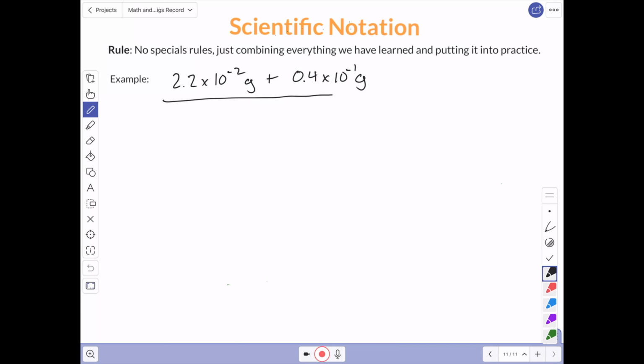And we'll divide that by 3.0 times 10 to the negative 2 liters plus 2.0 times 10 to the negative 2 liters.